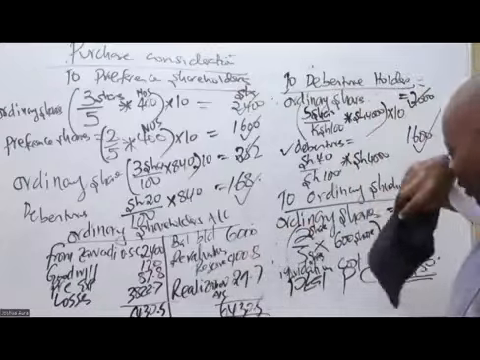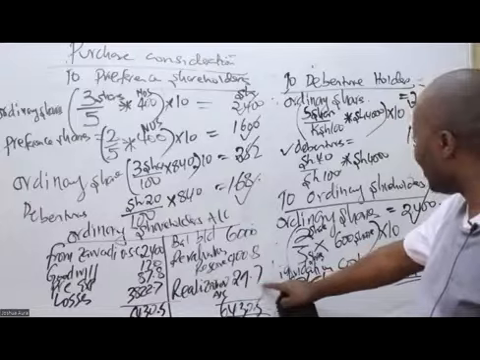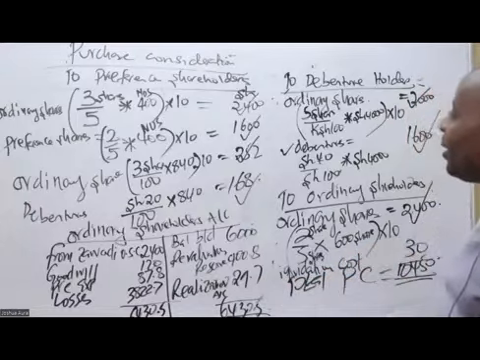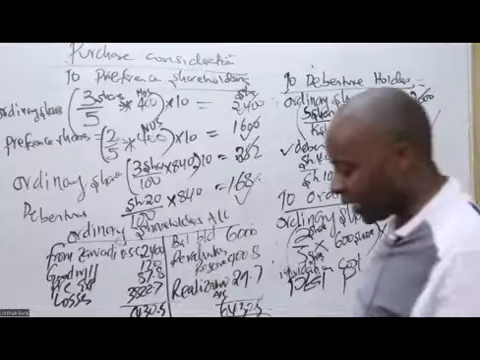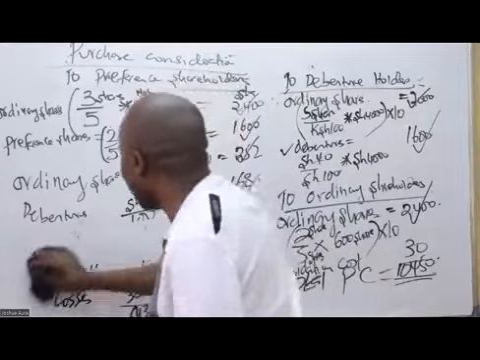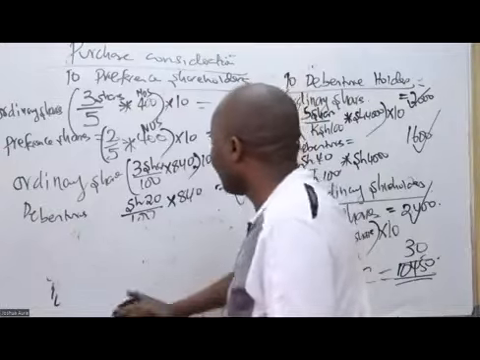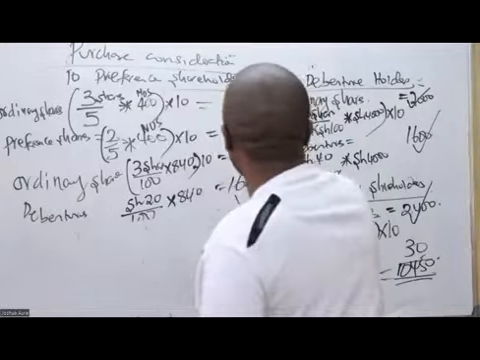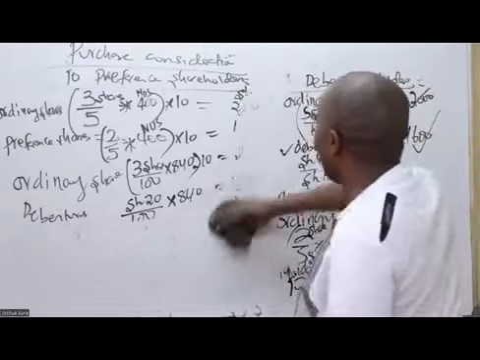Later on, I would want these figures like this one. My board is very small, but I shall overcome. So mention there preference shareholders. You guys will be giving me these figures.